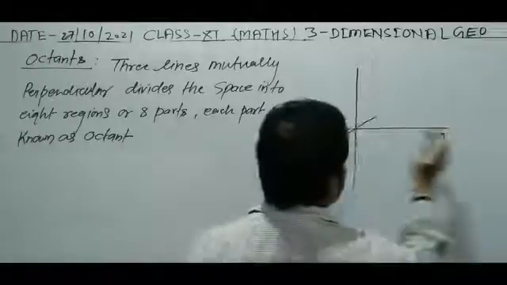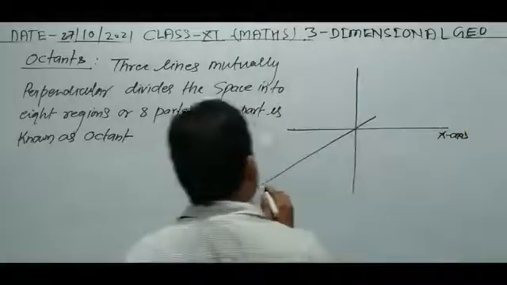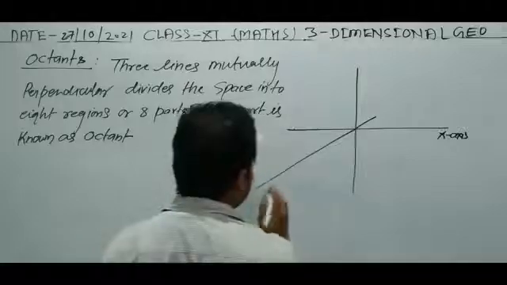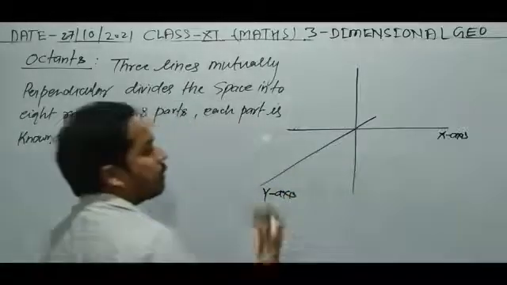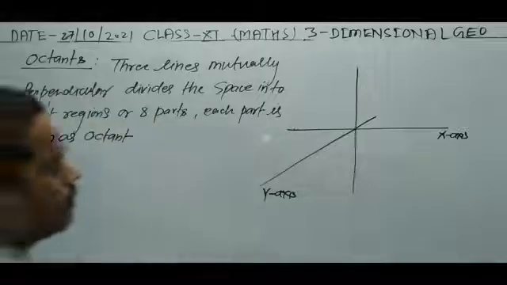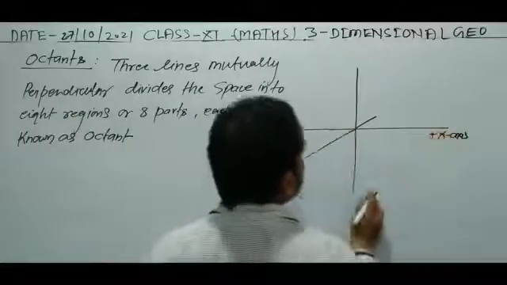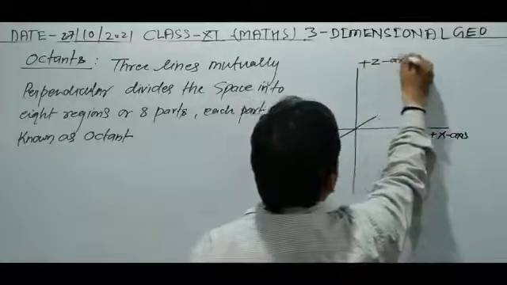The horizontal line is the x-axis, this is the y-axis, and the line perpendicular to the plane is the z-axis. This is the positive x-axis, this is the positive z-axis.